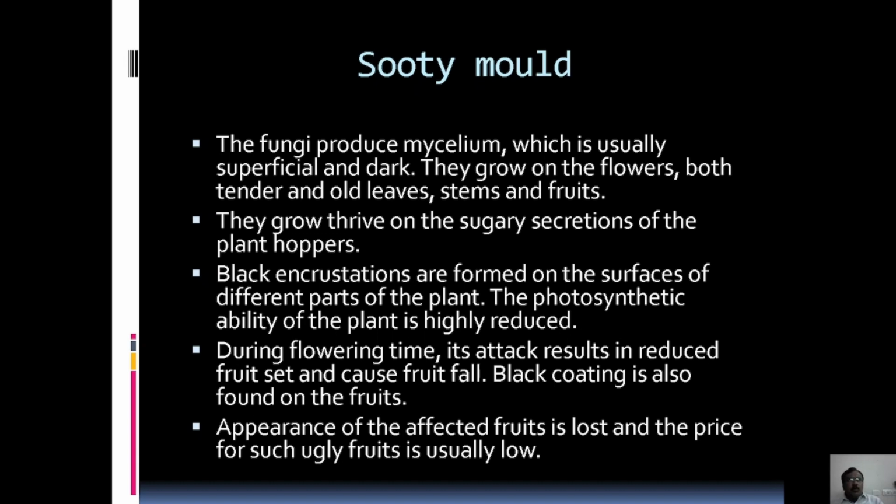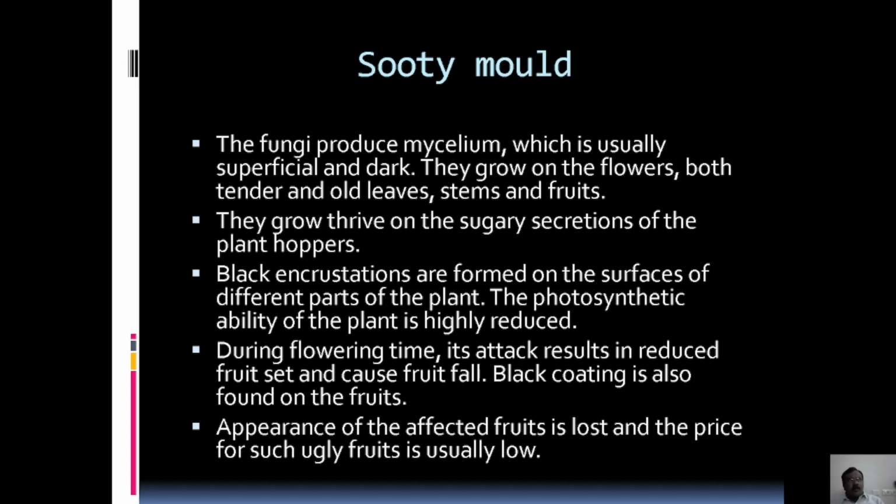They thrive on the sugary substance or secretions produced by the plant hoppers, and form a black incrustation over the surface of the leaf as well as on all tender parts including the fruits, and reduce the photosynthetic ratio of the plant. During the flowering time it results in reduced fruit set and is responsible for fruit fall also.